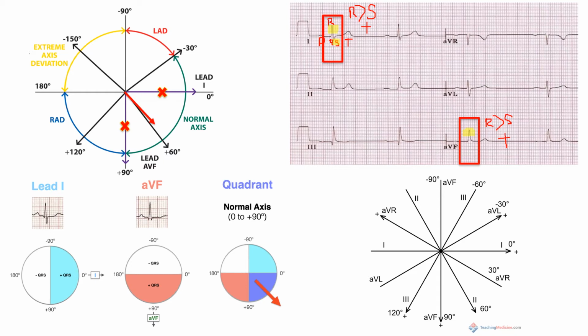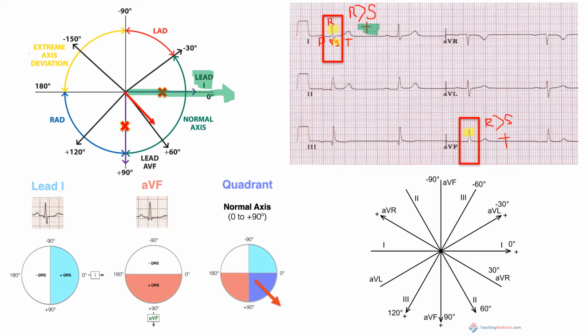Now, what does that mean? It means you're going to take that information and find lead 1. So here is lead number 1. You draw your vector this way, on this side, if it's headed towards the positive.